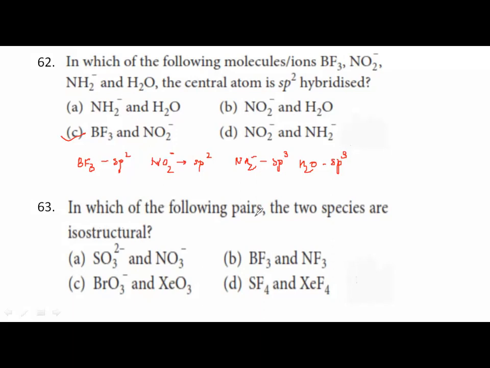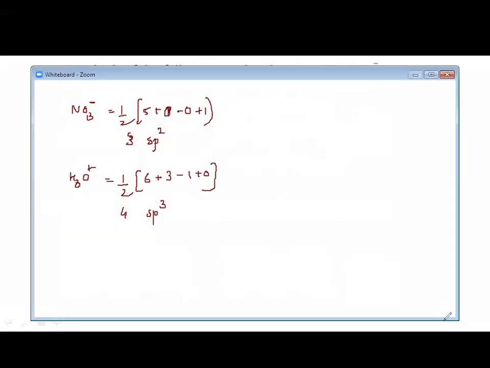Then in which of the following pairs are the two species isostructural? Where hybridization is the same, that will be isostructural. You can work out all the given pairs, but I will tell you BrO3 minus and XeO3 molecules.